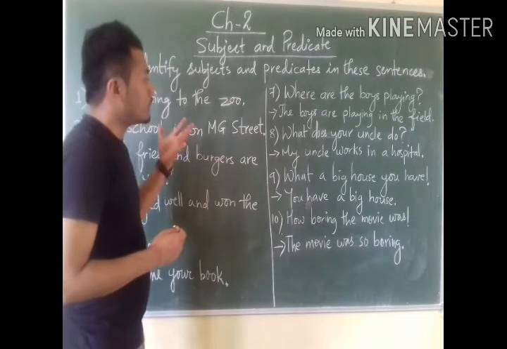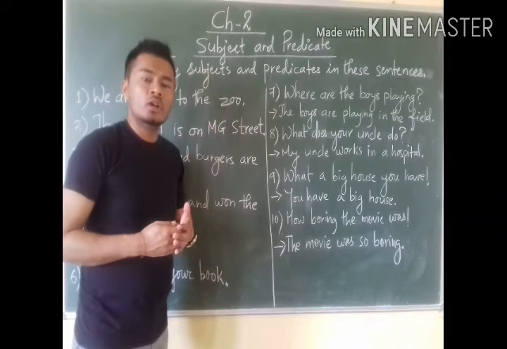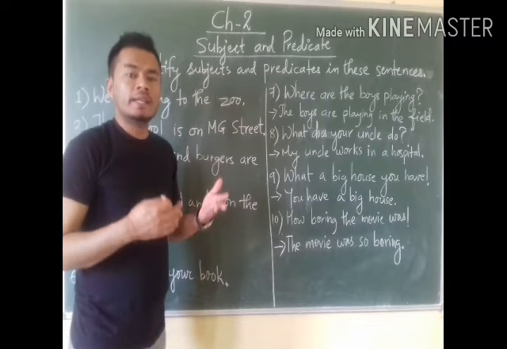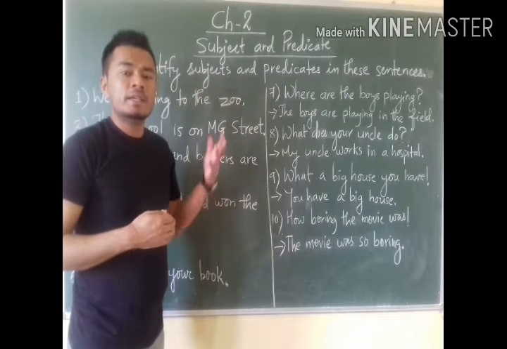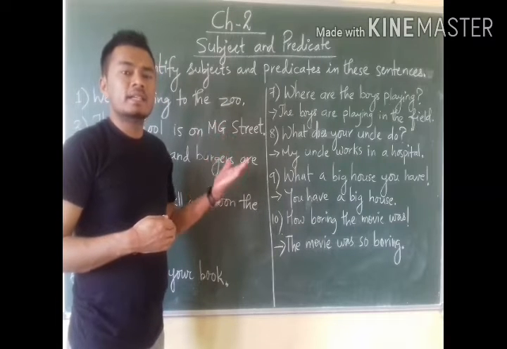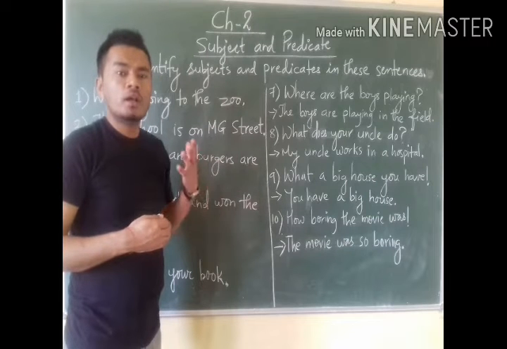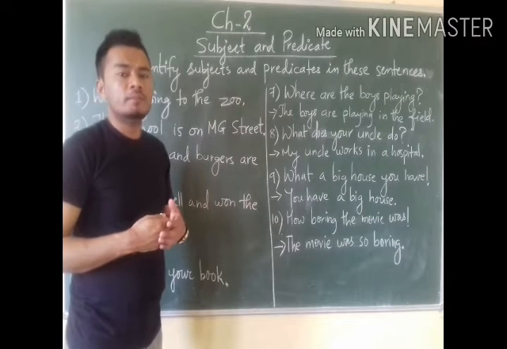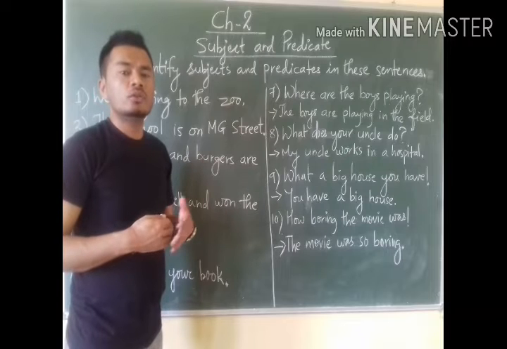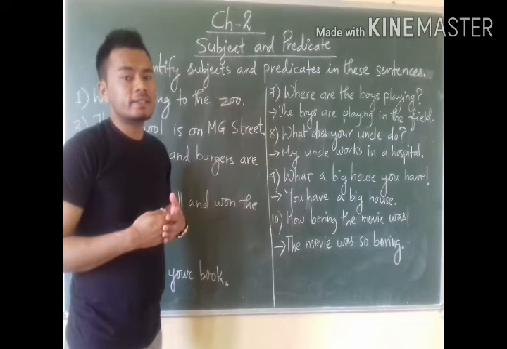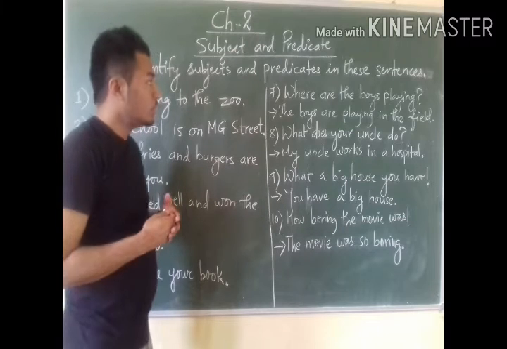I have written some examples here on the board to explain the way. I hope you will find it easier when you do the given exercises in your book yourselves.